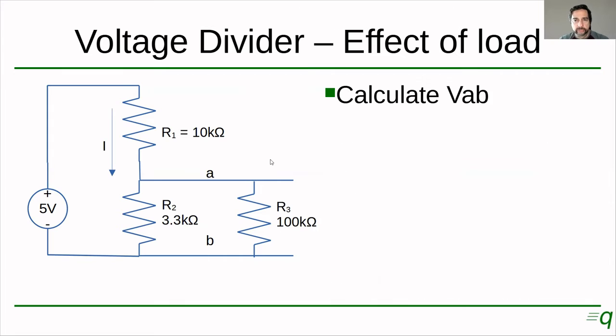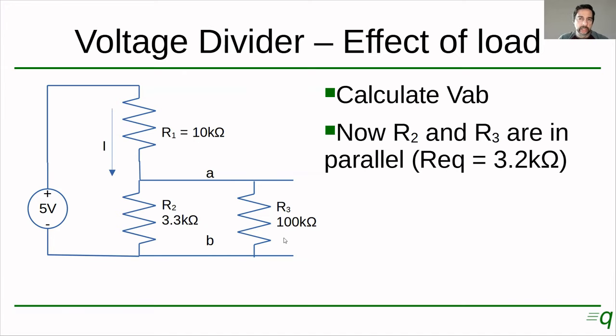So let's recalculate this circuit, but let's assume that we have a 100 kilo ohm resistor here instead of the 100 ohm that we previously had. So again, R2 and R3 are in parallel, but the equivalent resistance of this parallel combination is 3.2 kilo ohms.